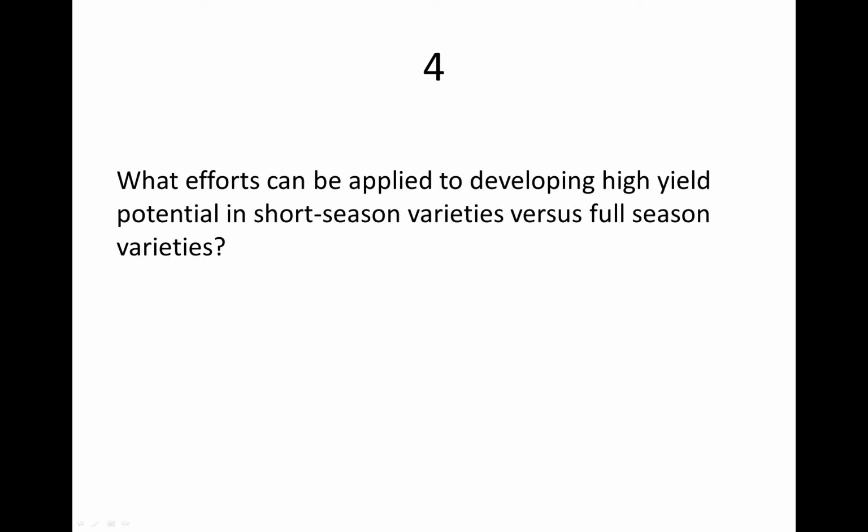Okay, that's a good comment, and I think that Carrie and I are thinking about ways of manipulating the long juvenile trait, especially in combination with different E alleles, which is really what the American lines would contribute in terms of maturity genes. Hopefully they would contribute yield as well.